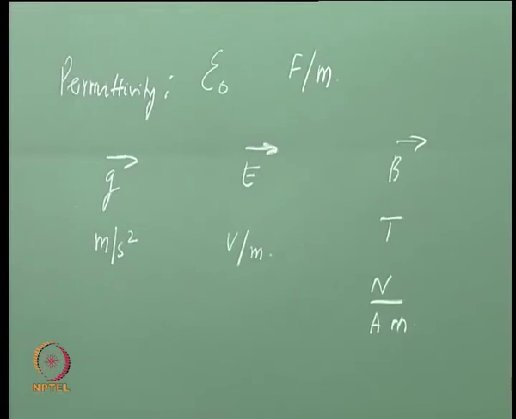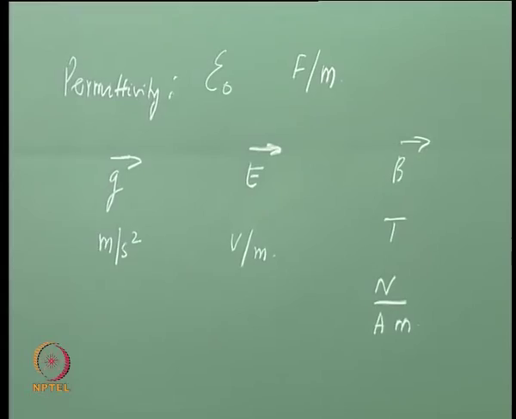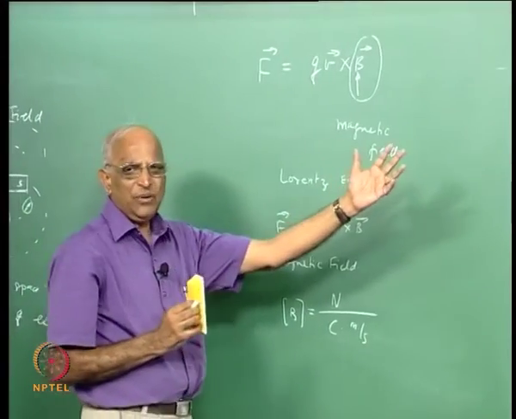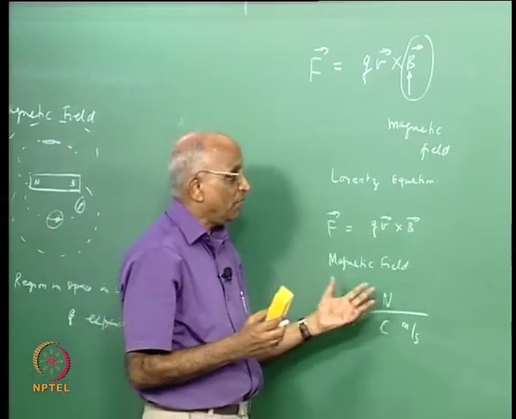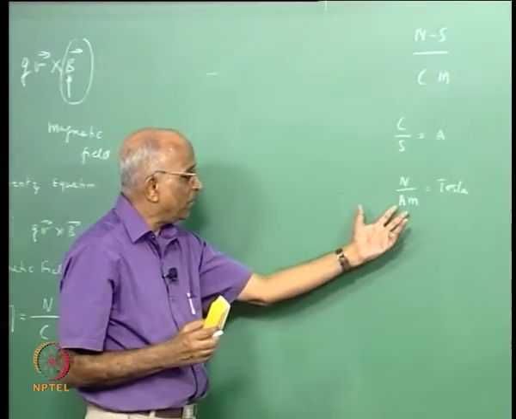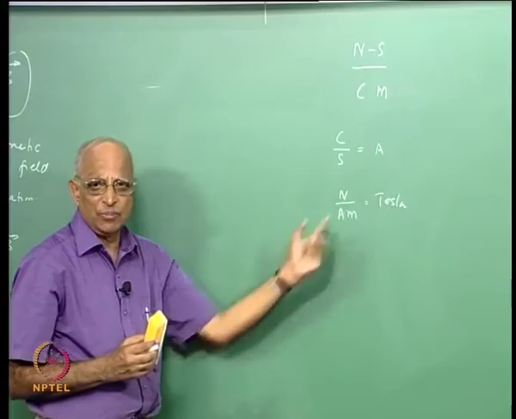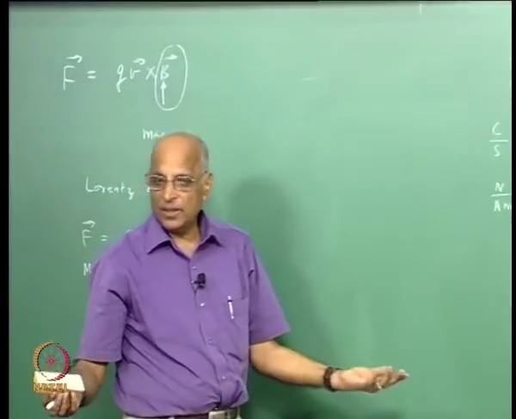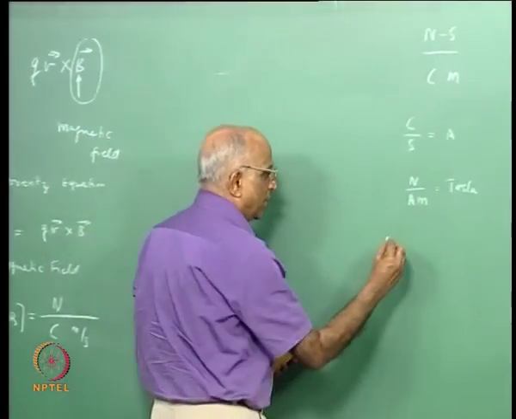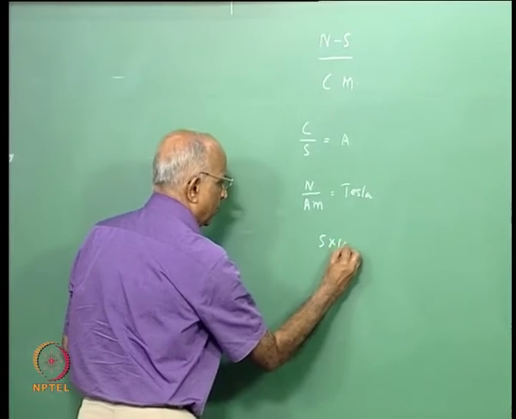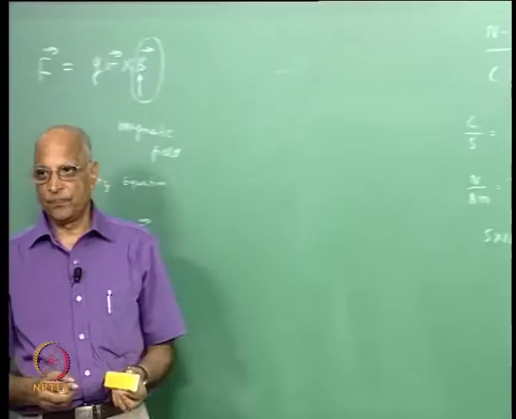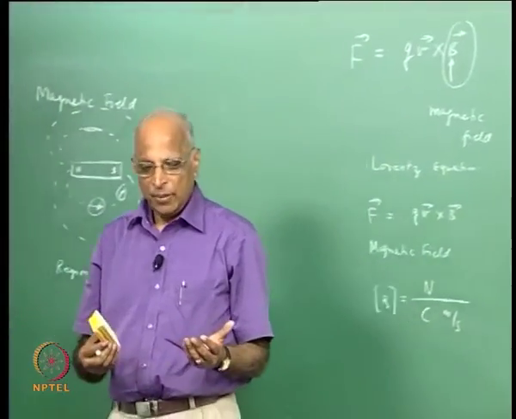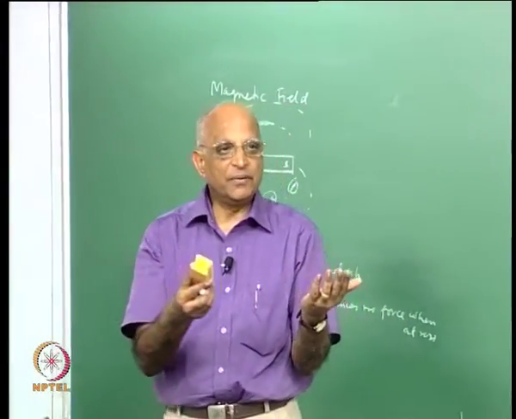I think we should get units clear, because whenever we have to calculate some forces, we have to use units, or rather I do not even mind if you use a unit like Newton per ampere meter, but we must get a feel for these numbers. What is the value of the magnetic field on the surface of earth? It is something like 5 into 10 to the power minus 4 Tesla. We talk of maybe magnetically levitated trains and all that.